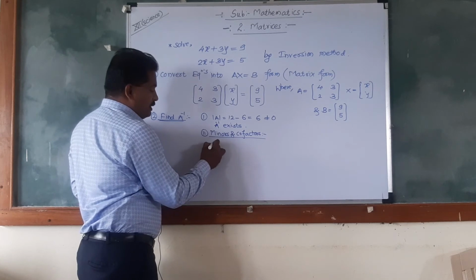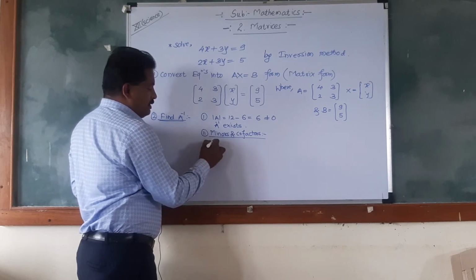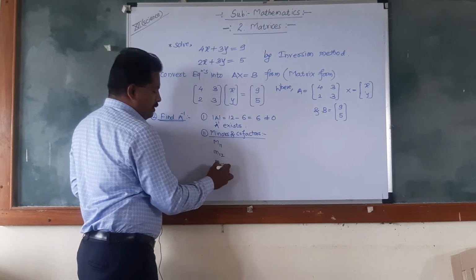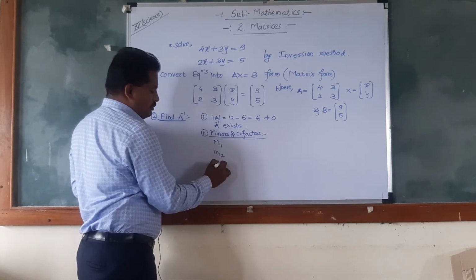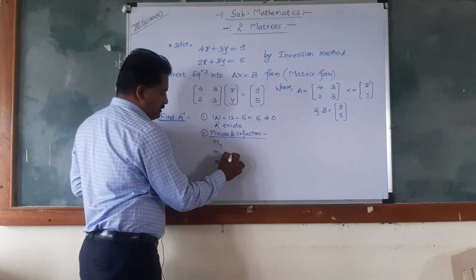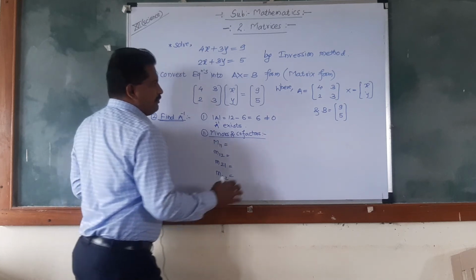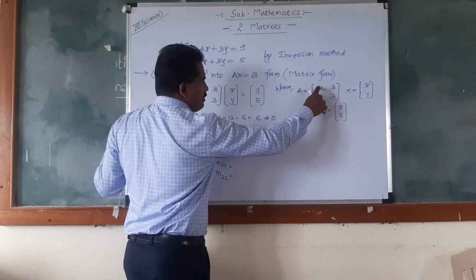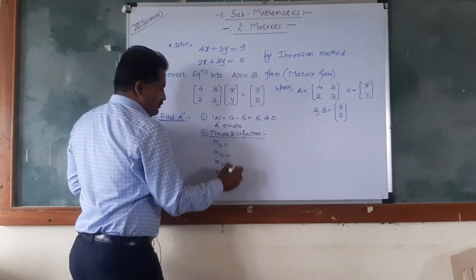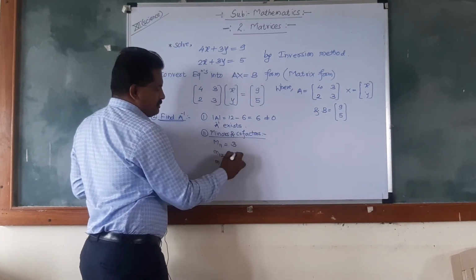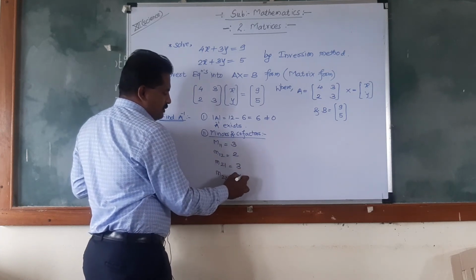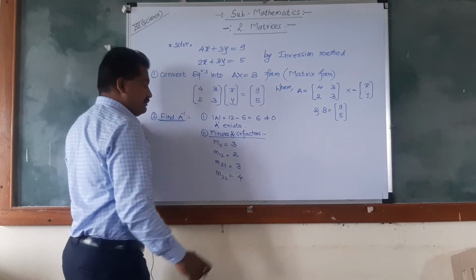Which is a 2 by 2 matrix. That means M11, M12, M21 and M22. These are the 4 minors. For M11, row and column are eliminated, then we get 3. Next 2, next 3, next 4. These are the minors.